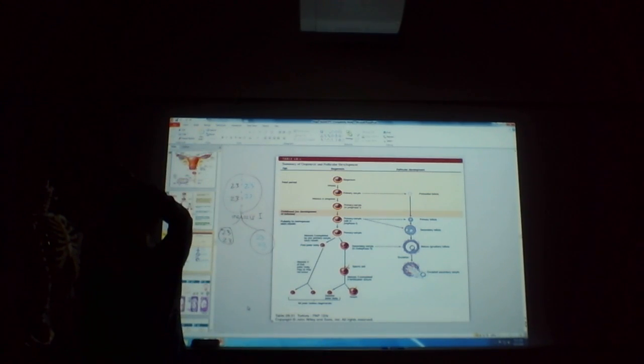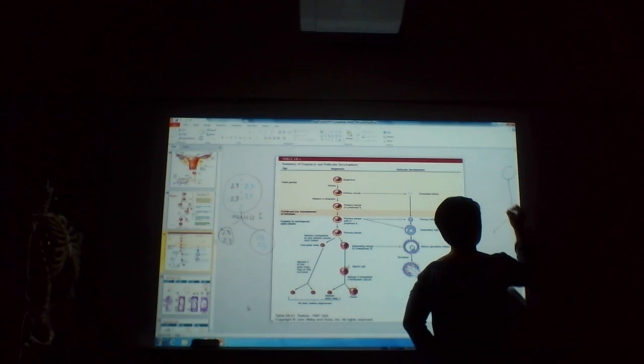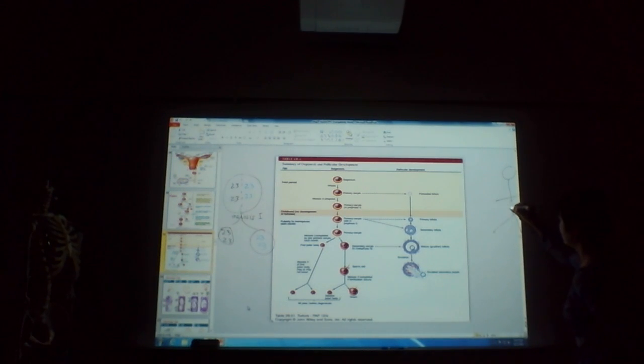Are the guys able to follow? No. Okay, so here is the female. So we have the uterus right here, there's the ovary. So, when the female has the menstrual period, when we're menstruating, think of that as day 1. The day that we menstruate, that is day 1.